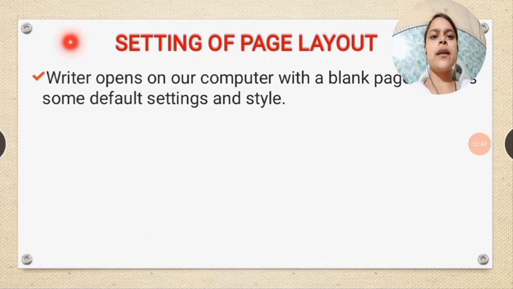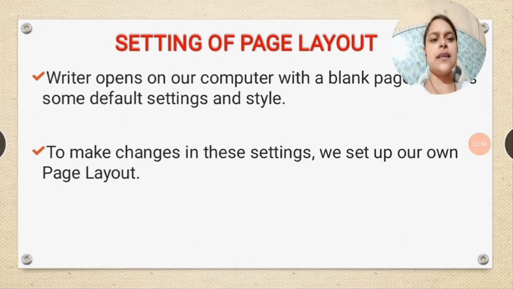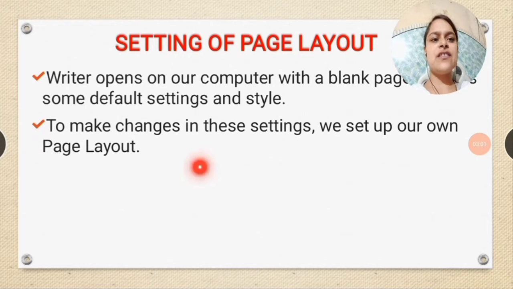When we open Writer, a blank page appears. Here are some default settings and style. We can change these settings. To make changes in these settings, we set up our own page layout. For it, we need to create our own page layout.